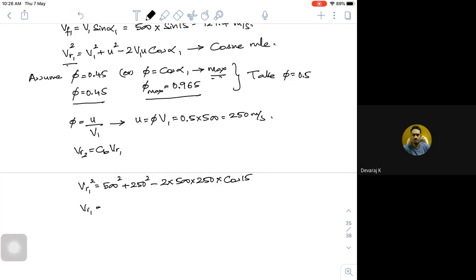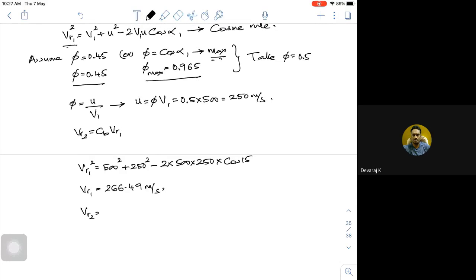If I do that, I am getting VR1 as 266.49 meters per second.